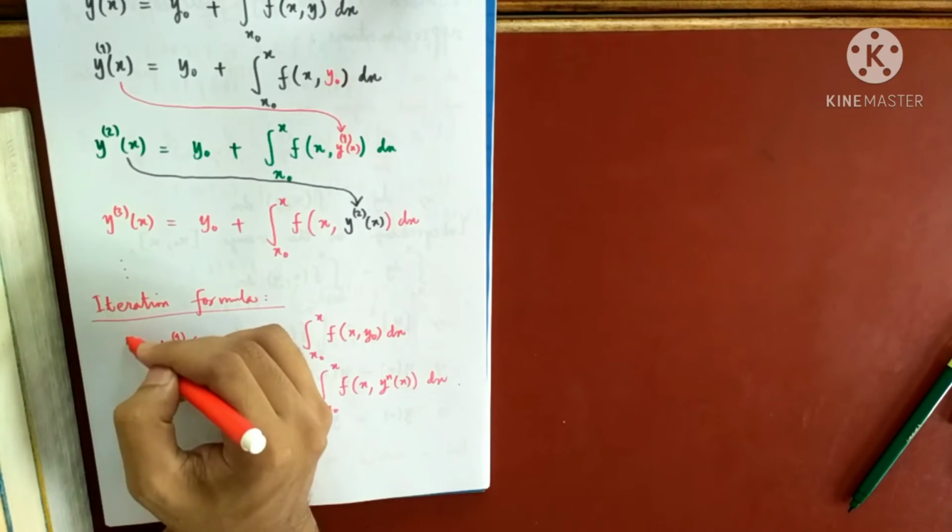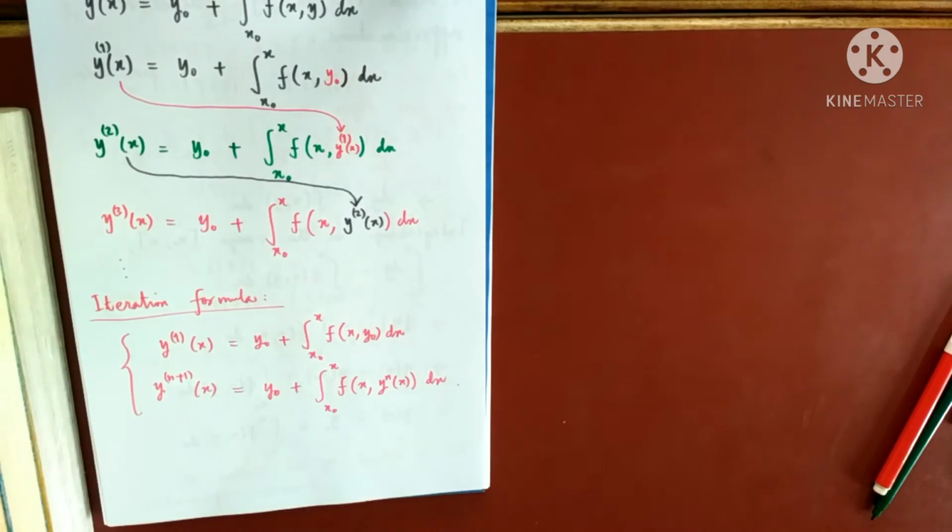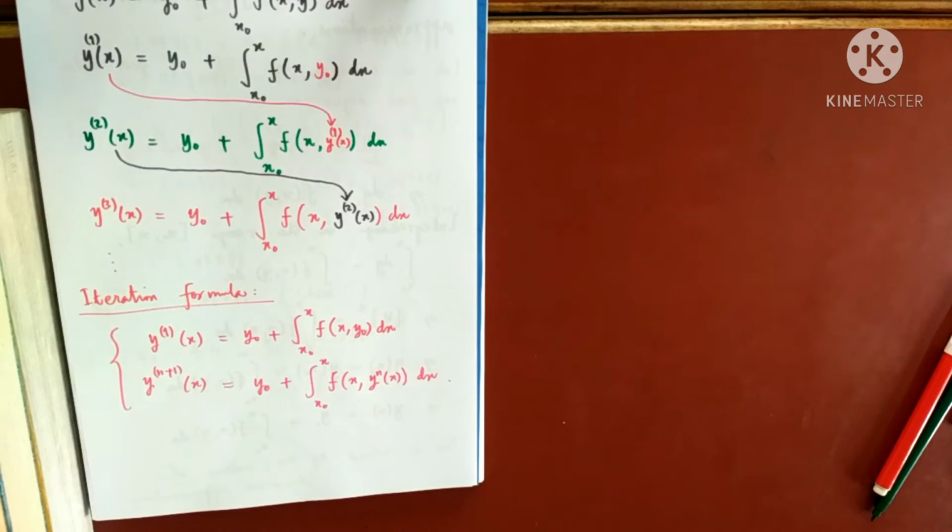So this is the iteration scheme for Picard's approximation method. The iteration scheme is simple enough. Am I clear? So again the question is, when should we stop?